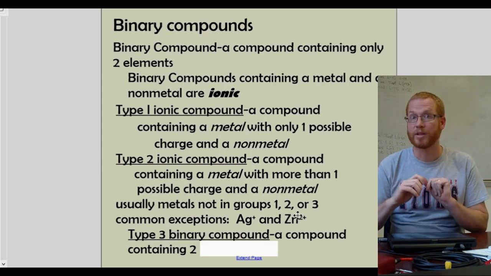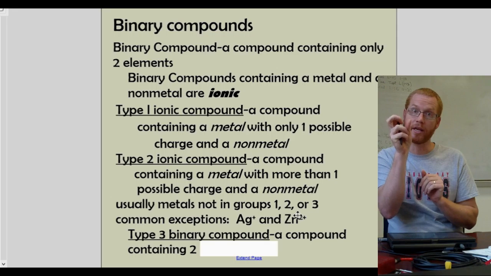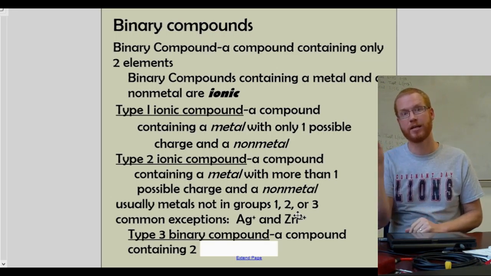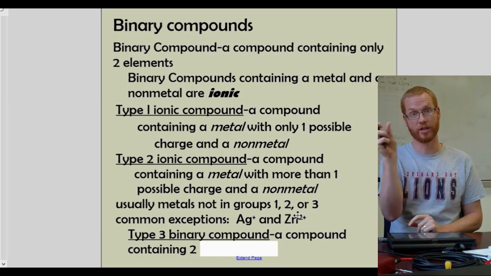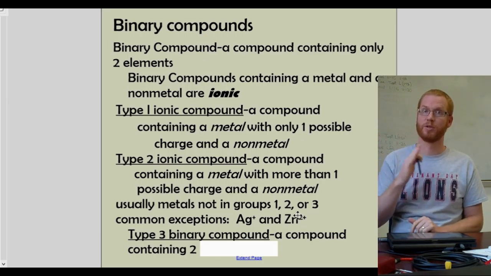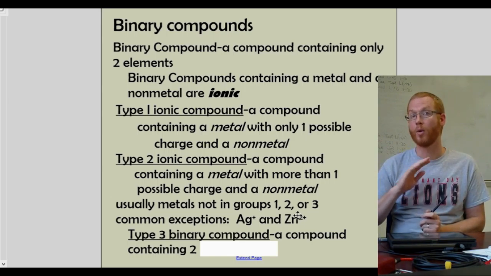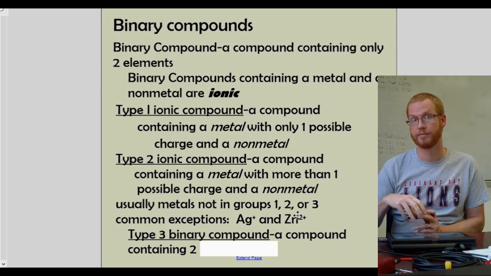You can remember that because Ag, silver, is +1: A1. Zn, zinc, is +2: Z2. A comes before Z, 1 comes before 2. So silver's +1, zinc's +2. Those two always have the same charge, and therefore that's a type 1 ionic compound when it has one of those metals in it.